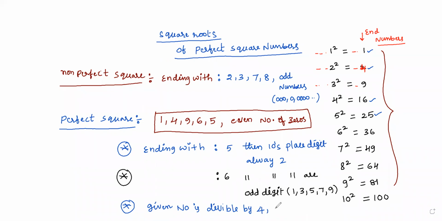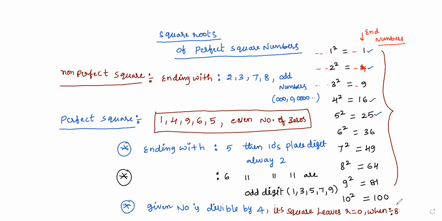Then its square leaves remainder 0 when it is divisible by 8.